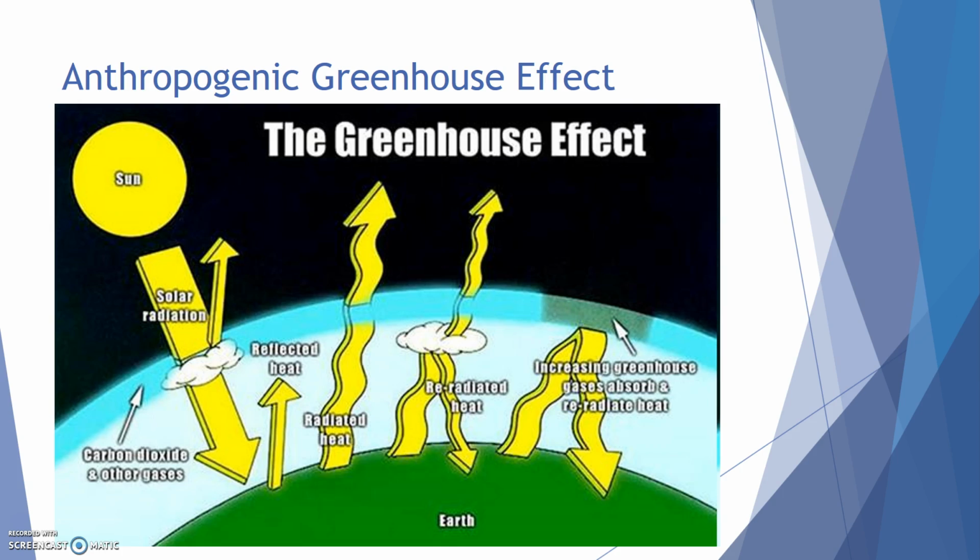Particularly for deforestation, as an example, when we cut down trees, not only does cutting down those trees release carbon dioxide, but those trees themselves are supposed to take out carbon dioxide as they breathe. So if they go away, there's going to be less trees to take out the carbon dioxide from the air.